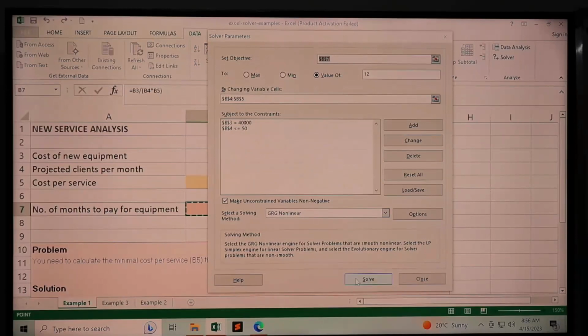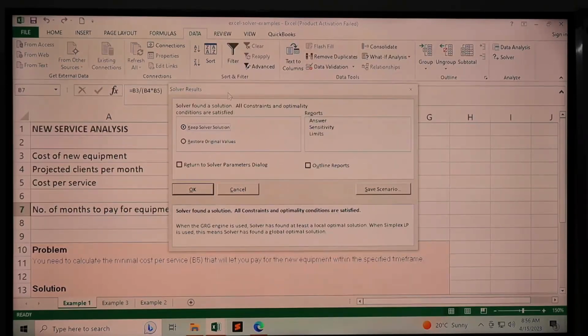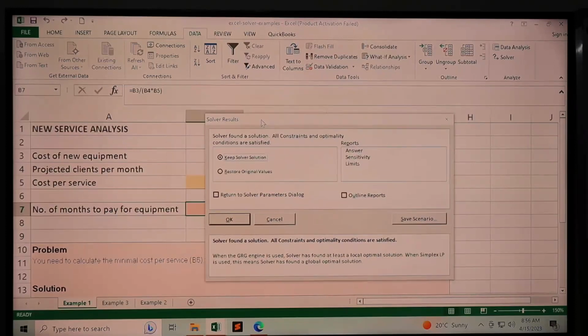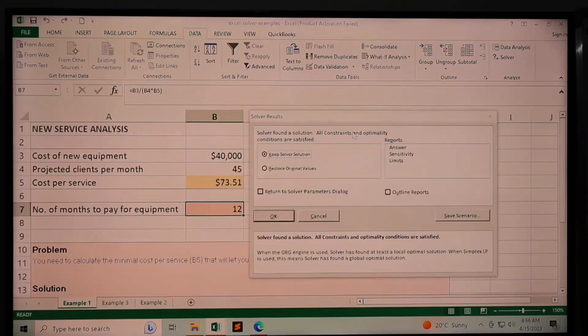When you click solve, it's supposed to produce the solver's results. You can see the solver's results, something like this we have here. In these results, you either keep the solver's solution or you restore back to the original values.